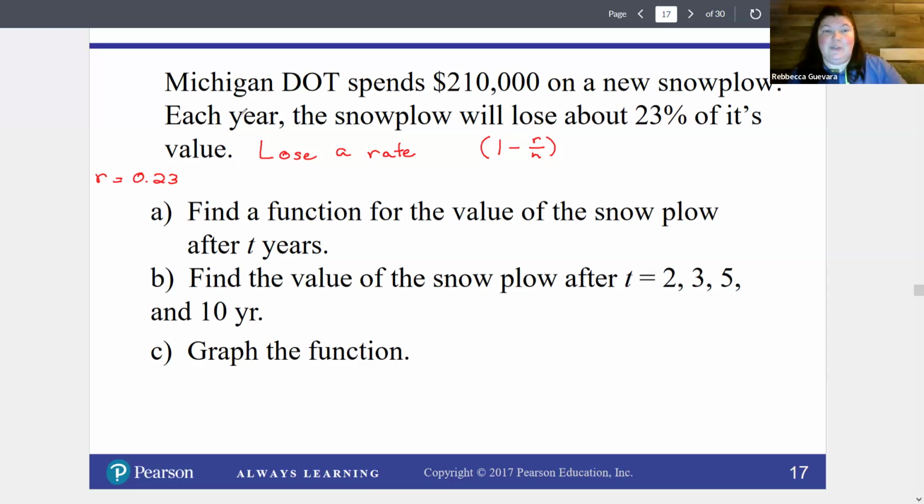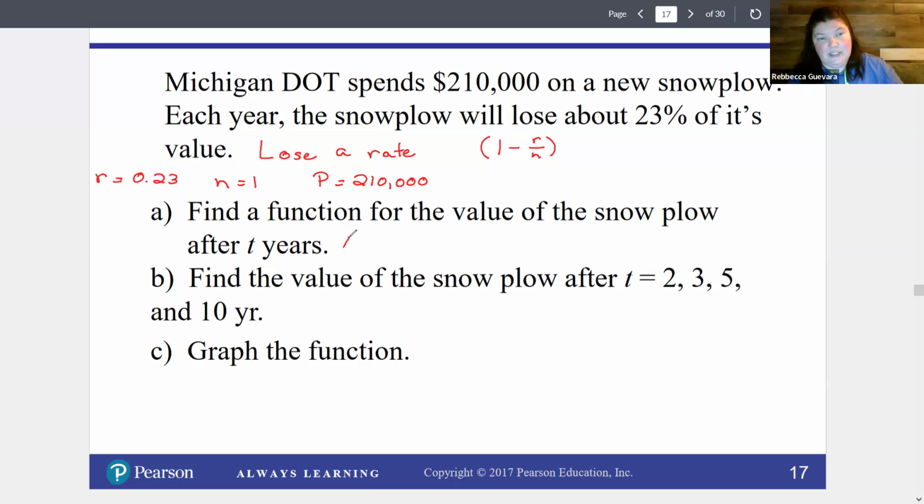So each year it's losing value, meaning it's only compounding once a year. So we're compounding that loss once a year. And the initial amount we started with, our P, is $210,000. Like I said, because we're losing a rate, we're going to subtract the rate that we're losing.